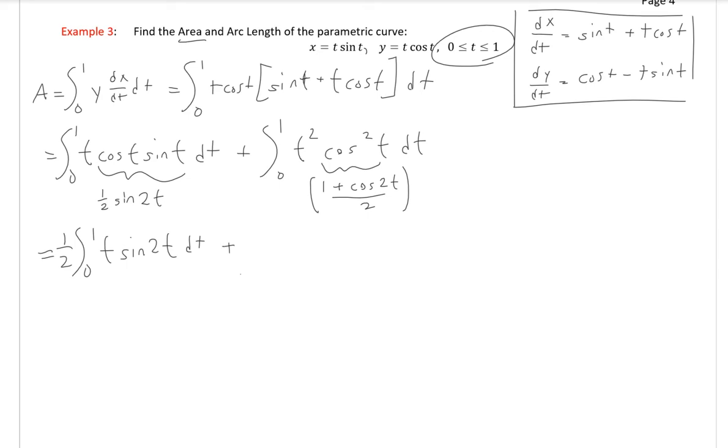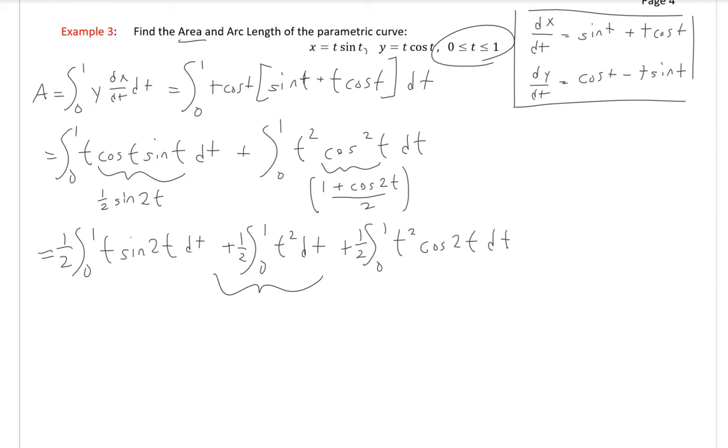So that'll give us the integral from 0 to 1. I'll have that 1/2, and it'll have t squared, and I'll separate that by itself. And then we'll also have another integral. Whoops, not t. That's just a 1. Of t squared cosine of 2t dt with its own 1/2.